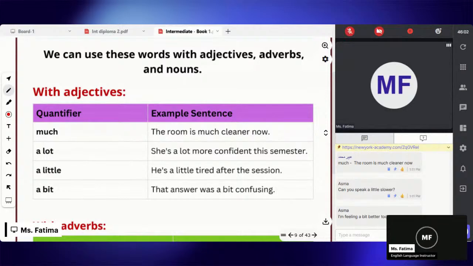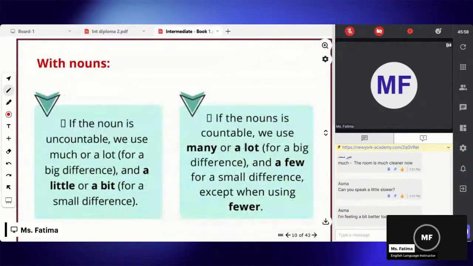Whereas with nouns, it's different because we have two types of nouns. We have the uncountable nouns and countable nouns.